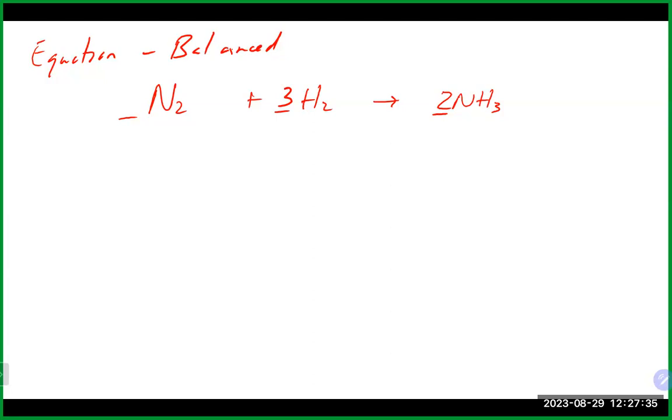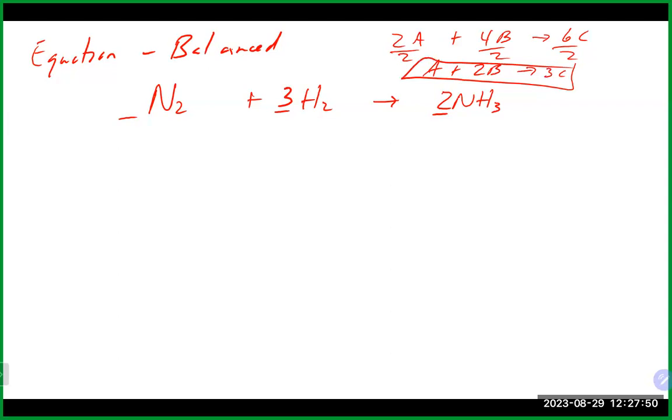So if you found a way to balance an equation where you had these numbers as your coefficients, you technically go through all these and divide by 2, and that is what you should do. That would be the properly balanced equation. So if you're able to balance an equation with larger numbers, but can still reduce everybody down by a whole number, you should do that. Any questions on balancing equations?